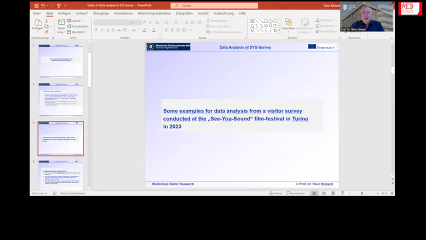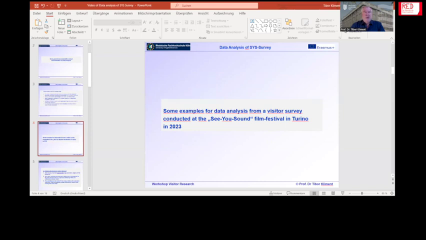Okay. So now we're going into some examples for data analysis, and we'll use the visitor survey we conducted within our Erasmus project at the CU Sound Film Festival in Turin in 2023.